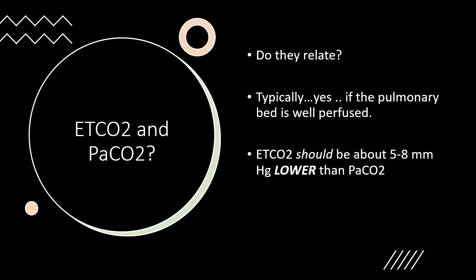In general, your end-tidal CO2 is about 5 to 8 millimeters of mercury lower than your PaCO2. So your end-tidal CO2 at 30 could be between 35 and 38 on your PaCO2. And that's fine. That's a close relationship. It is predictable, and that's what we like.